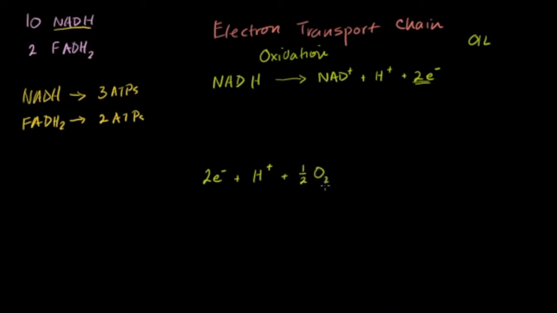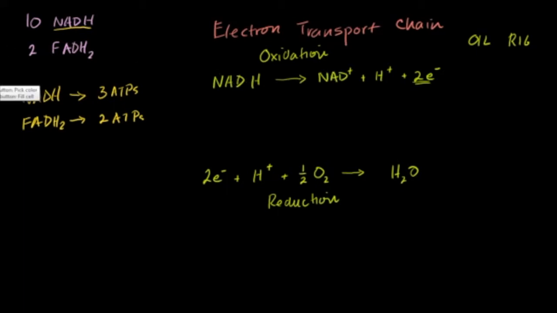So I could say 1/2 of molecular oxygen, which is the same thing as 1 oxygen atom. If I have 1 oxygen and 2 complete hydrogens, I'm left with water. And you could view this as gaining electrons to oxygen. Oil rig. Reduction is gaining electrons. So this is the reduction of oxygen to water. This is the oxidation of NADH to NAD+.